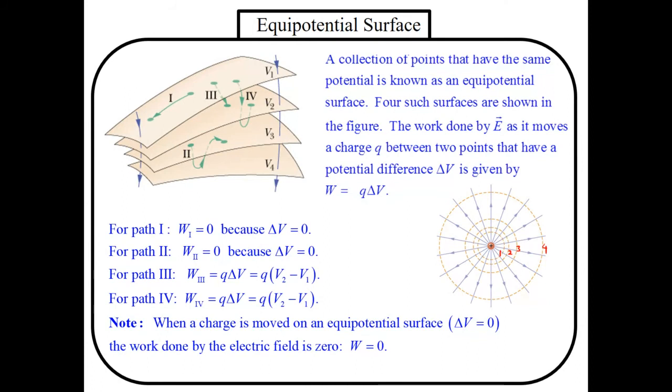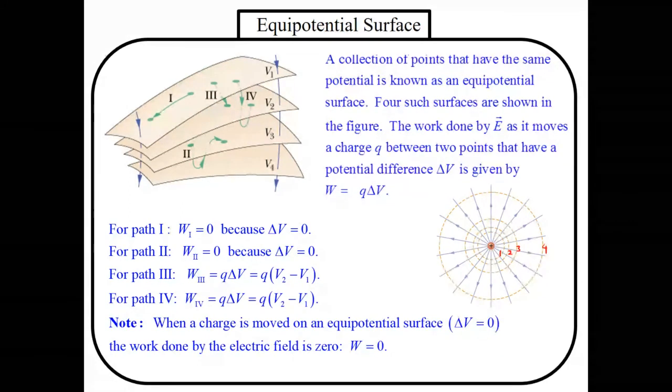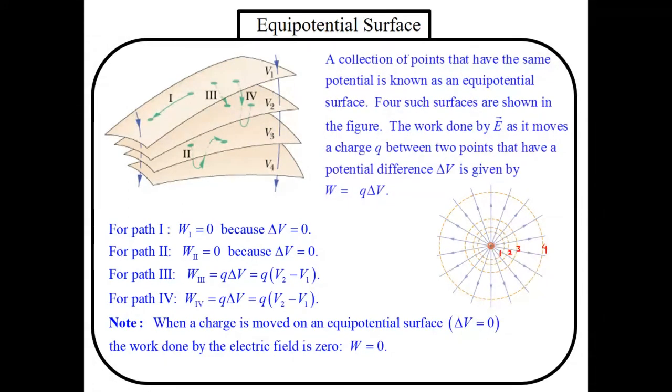Now you can see, do these equipotential surfaces cross each other? No. Any two equipotential surfaces never join together. Each and every equipotential surface is separated by some distance.